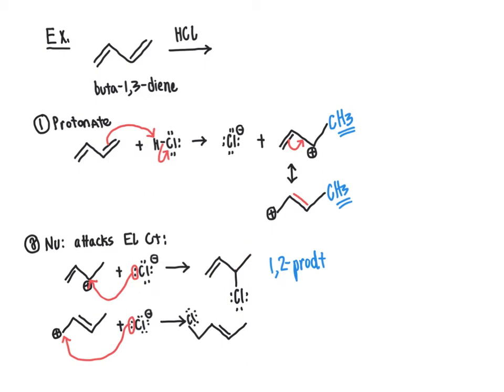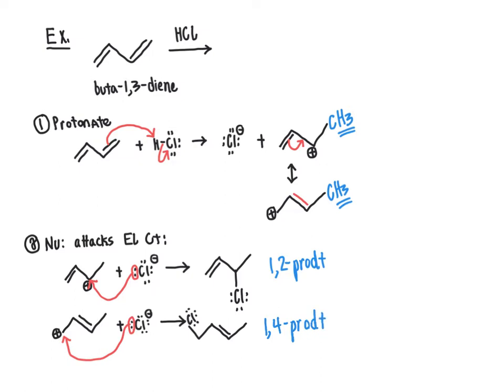The other product had better well be the 1,4 product, or we've done something wrong along the way here. And indeed, if we think about the location where we placed the new hydrogen out here at the end, relative to where the chlorine comes in and bonds, they're at positions 1 and 4 relative to one another, where if we say the hydrogen is bonded at carbon 1, 2, 3, 4. So we refer to that as the 1,4 addition product.